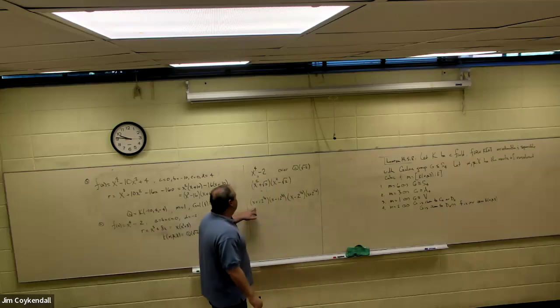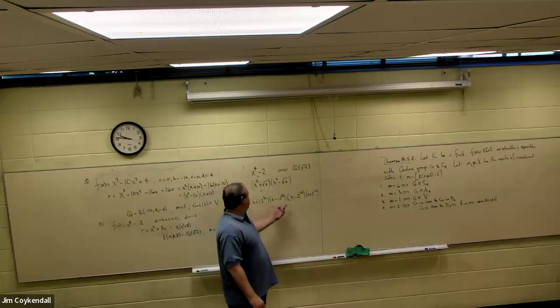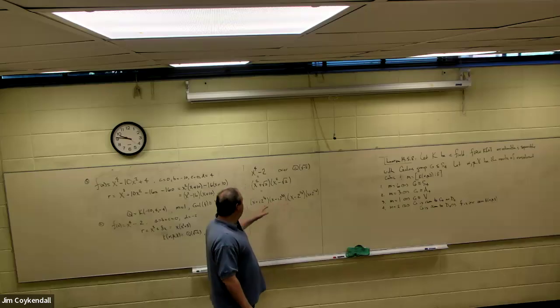And I'll let you check that no matter how you put these together, you never get a reduction over Q adjoined with i.